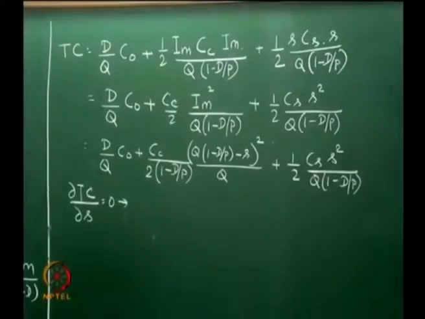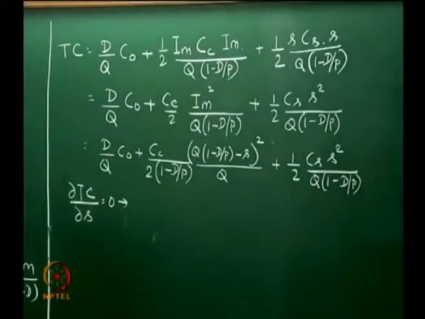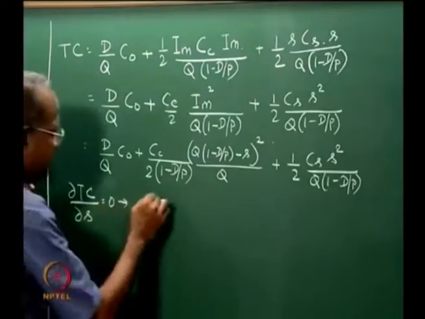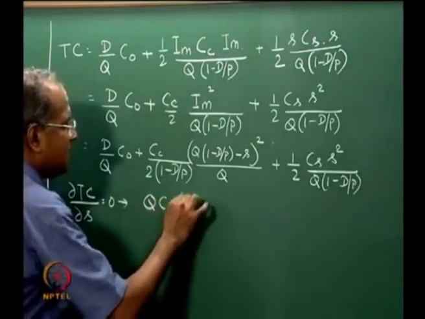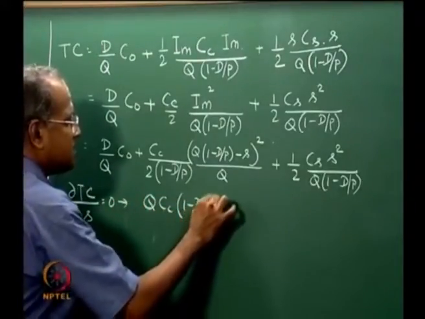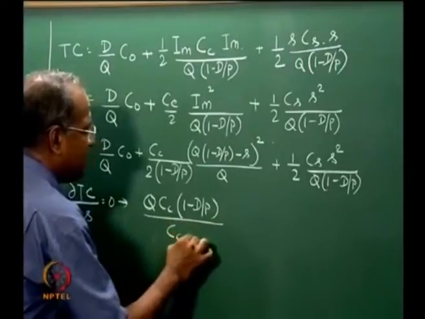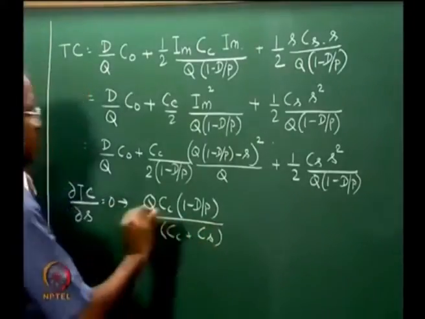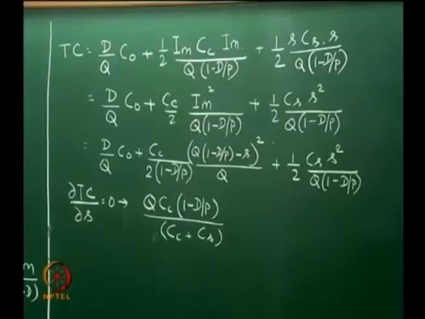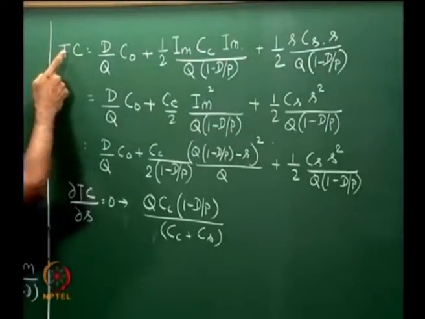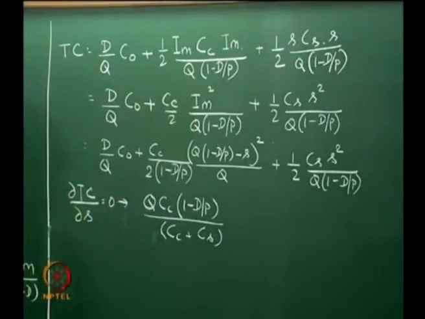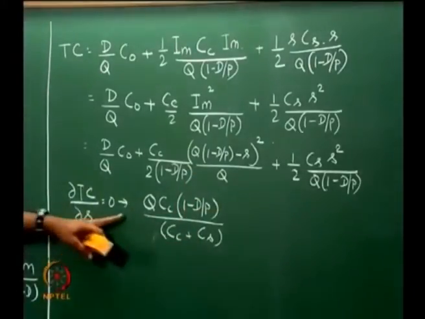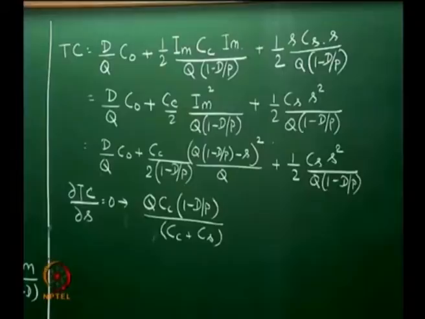Finally, we will have an expression s is equal to q Cc into 1 minus d by p divided by Cc plus Cs, and then we have to partially differentiate this with respect to q, and q actually comes in all the 3 terms, and then we need to substitute for this s into that and solve it.